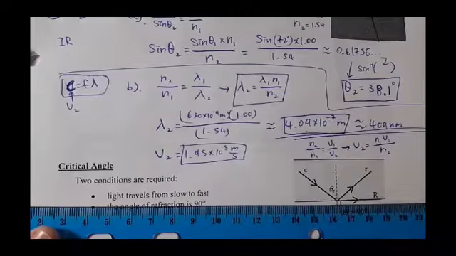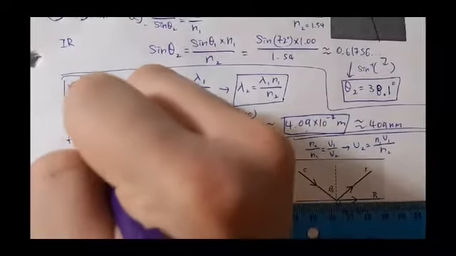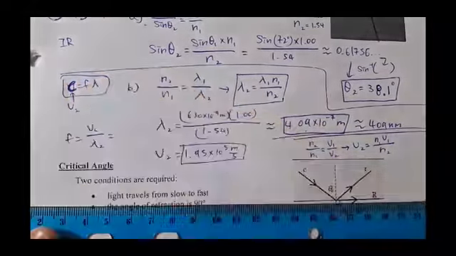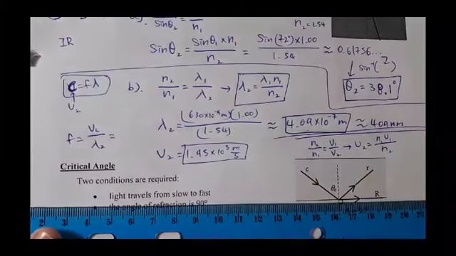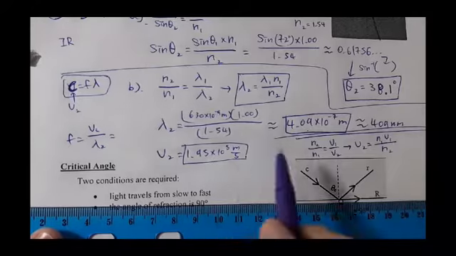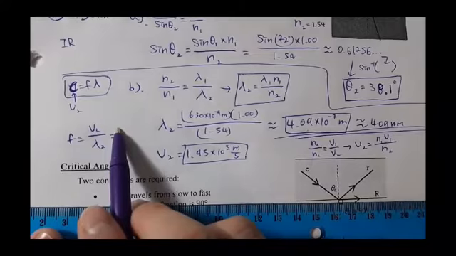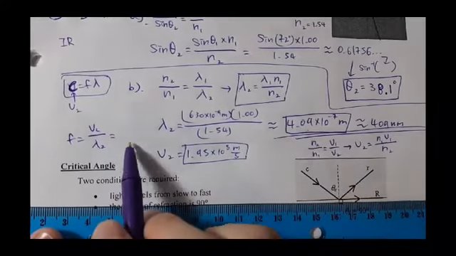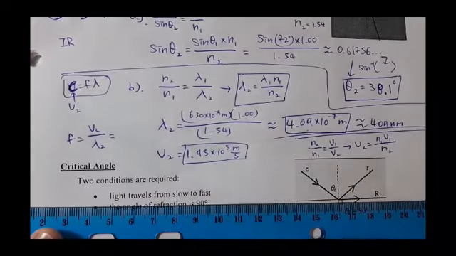So now I'm going to find the frequency, which is v2 over lambda 2. This 1.95 times 10 to the power of 8 goes on the top, and 4.09 times 10 to the power of negative 7 goes at the bottom.